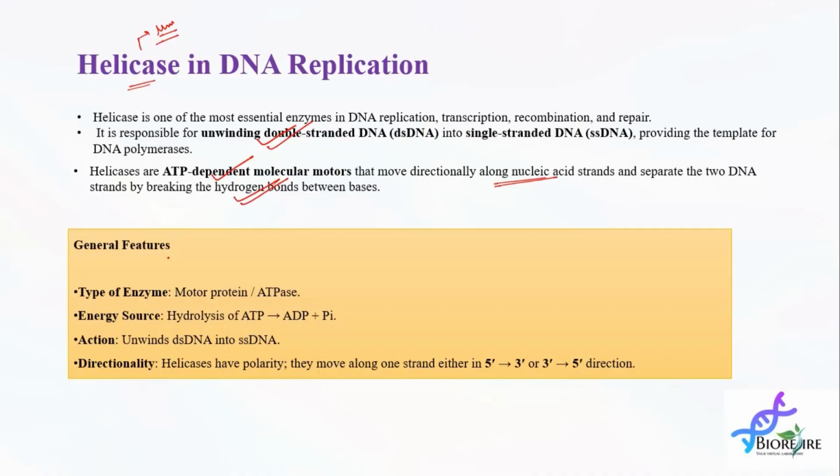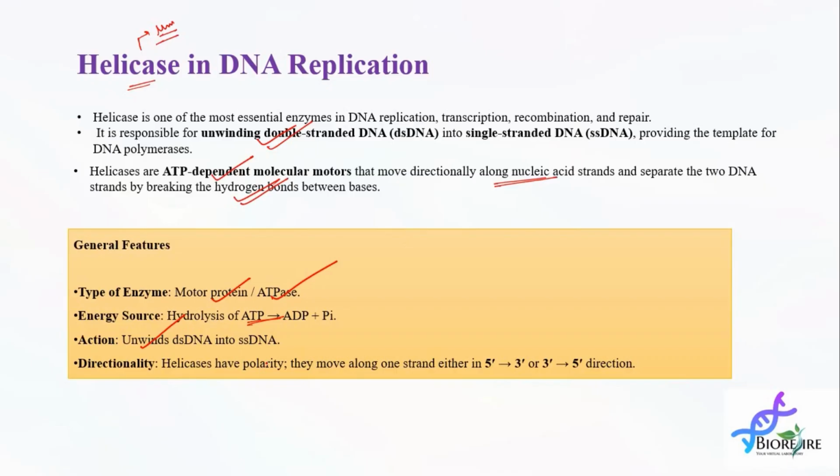In terms of enzyme type, it is a motor protein and a type of ATPase because it requires ATP to perform its task. The energy source is hydrolysis of ATP to ADP. Its action is to unwind the DNA, converting the double stranded DNA into single stranded by breaking the hydrogen bonds between the nitrogenous bases.